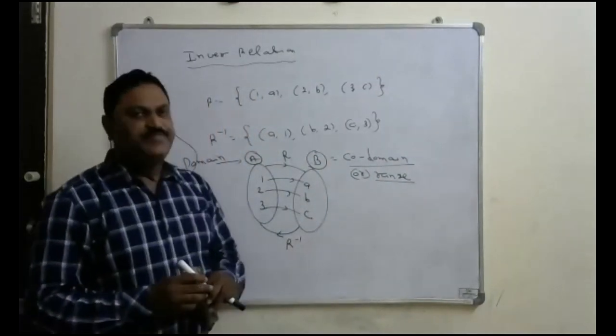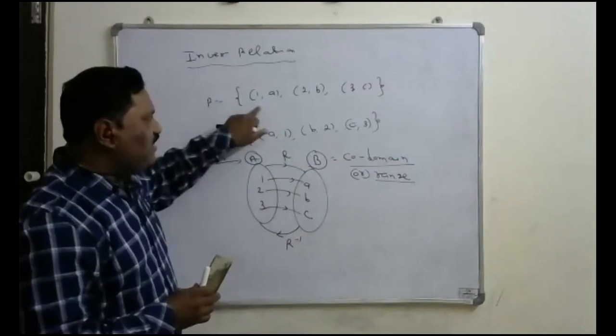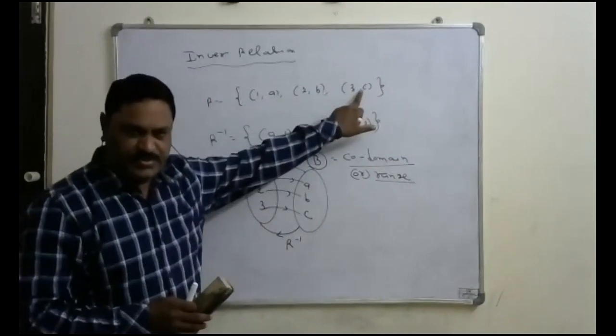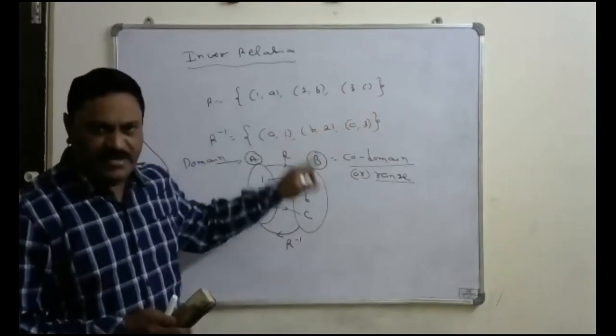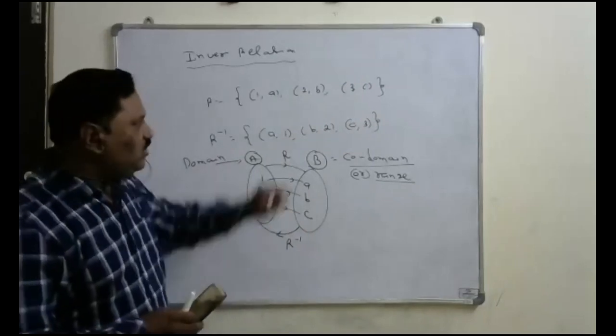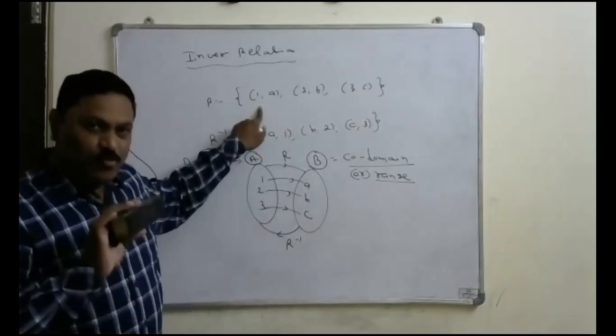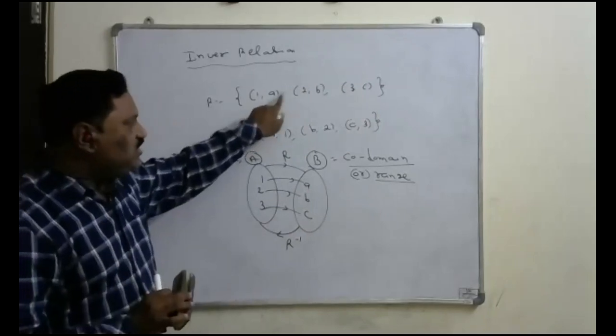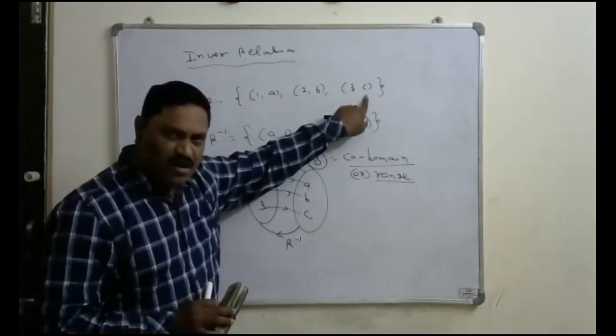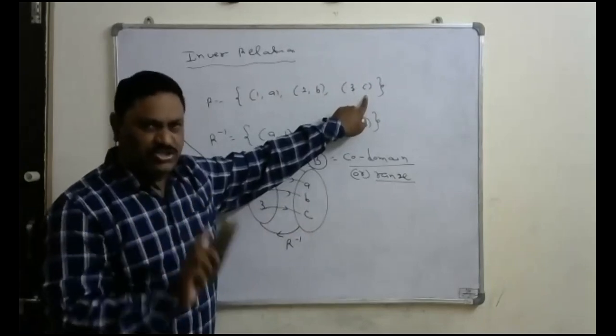Or otherwise, suppose the relation R has a set of ordered pairs. In all these ordered pairs, the set of all the first coordinates, that is the first elements, is the domain. The set of all the second elements is called the range of the relation.